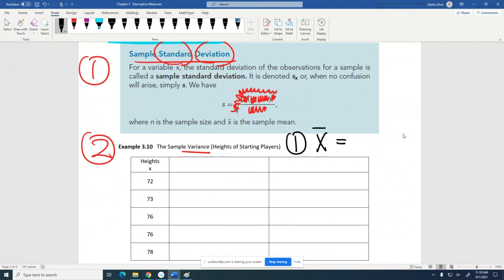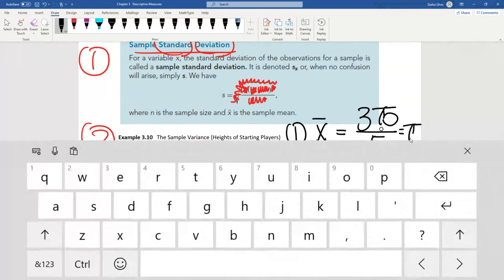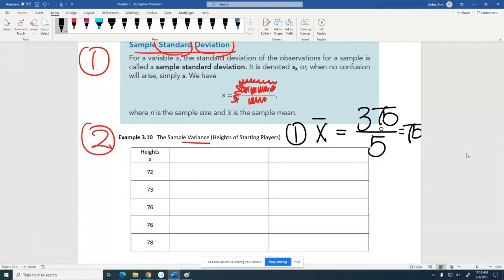Can you give me the sum of the 5 heights? Please take the sum. 375 divided by 5. So how much will be the average? 75 even. It is step number 1.